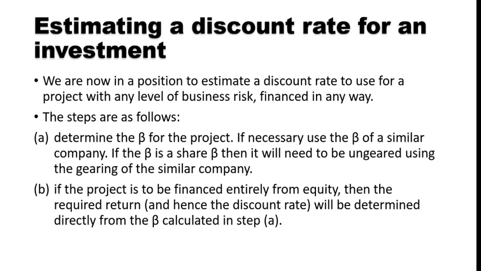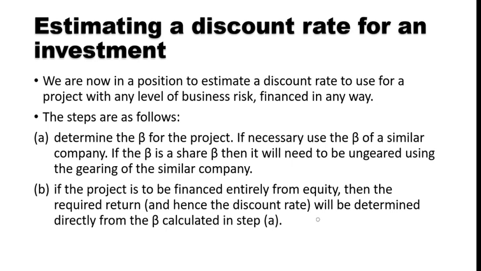So firstly, you need to determine the beta for the project. If necessary, use the beta of a similar company. If the beta is a share beta, then it will need to be ungeared using the gearing of the similar company.